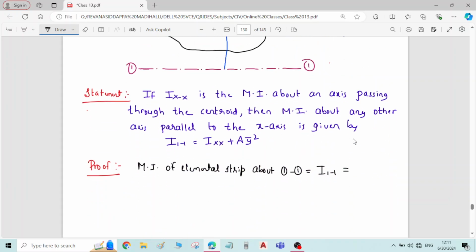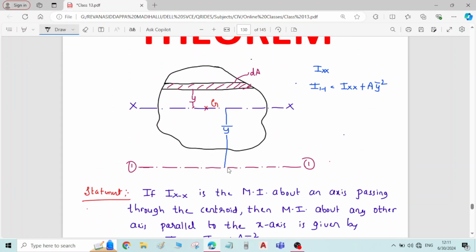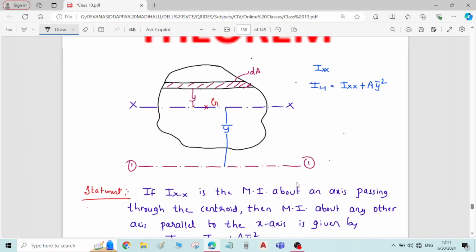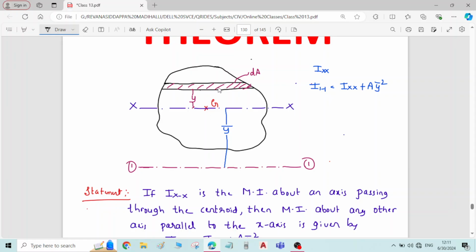The area of the elemental strip is dA and the perpendicular distance of the elemental strip from axis 1 1 is y plus y bar. So moment of inertia of the elemental strip about axis 1 1 is dA into (y plus y bar) whole square.